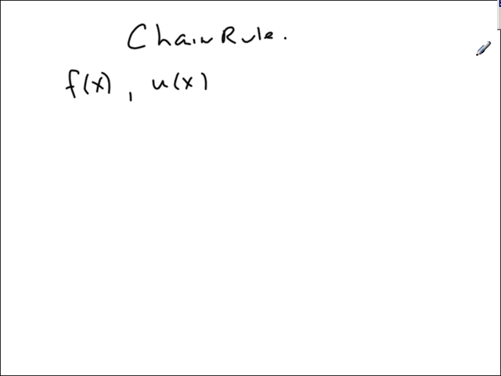Personally, I think this rule is ridiculous 99% of the time. It's called the chain rule. Basically, it says if you have f of x and u is a function of x.